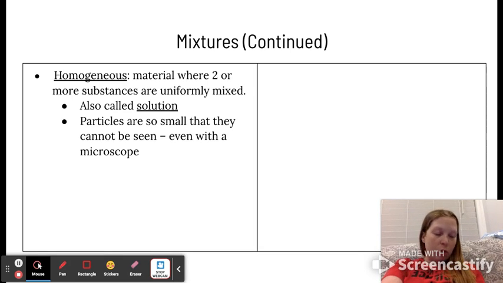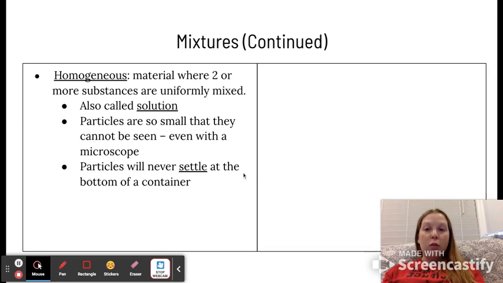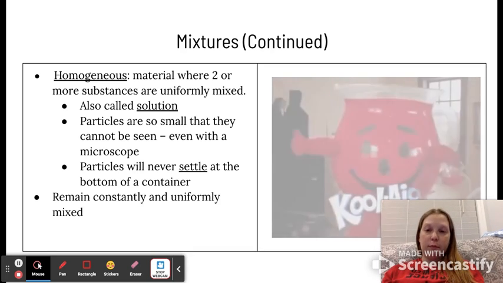And your particles are so small in these that they can't be seen even with a microscope, so we can't see what all it's made up of. The particles will never settle at the bottom of the container. They will always stay mixed together, and they remain constantly and uniformly mixed.